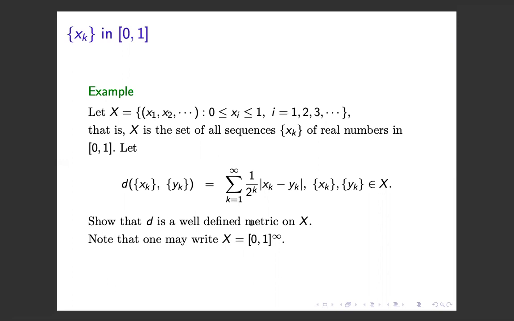Excuse me, sir. Yes. Please. Sir, in this particular example, as you said, we can conclude that all such series will converge by the bounds on the values of xk and yk. Suppose we were taking sequences on R, the set of all real numbers.